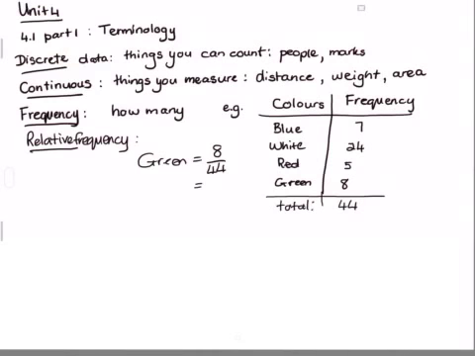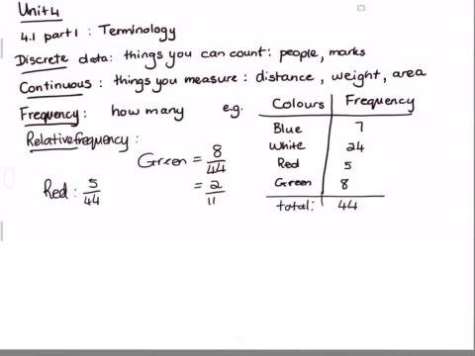And seeing as that is a fraction that can simplify, I always simplify my fractions. Relative frequency of red is 5 over 44, and that can't simplify. You can always write it as a decimal or as a percentage. Right, so relative frequency relative to the total amount.